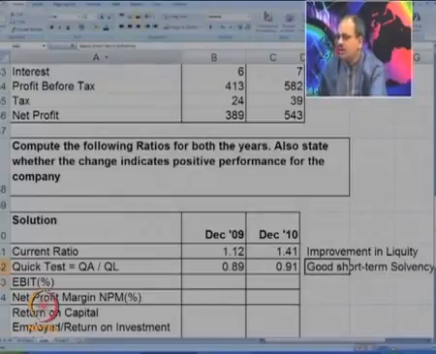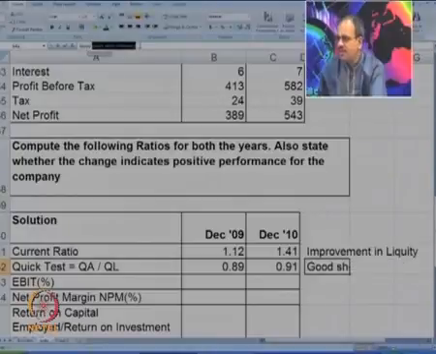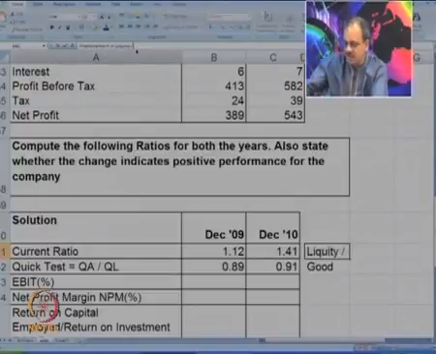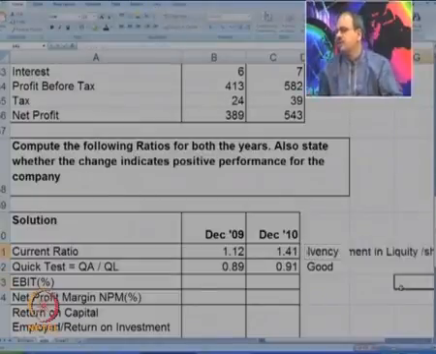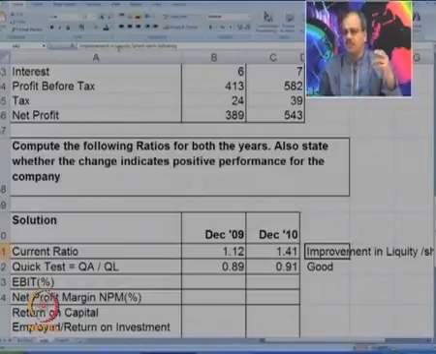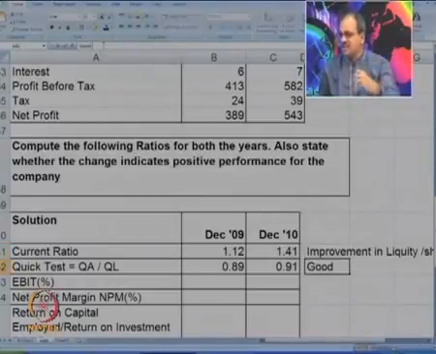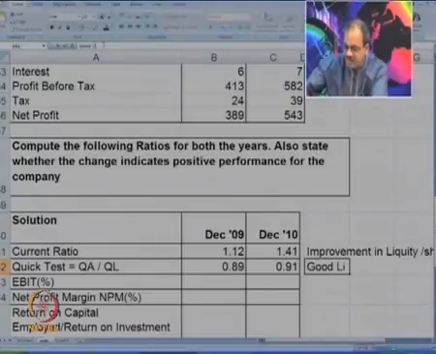I am sorry, this can rather be called liquidity, and current ratio we will name as short term solvency. So current ratio we will say improvement in liquidity or short term solvency, and quick test shows good liquidity position.